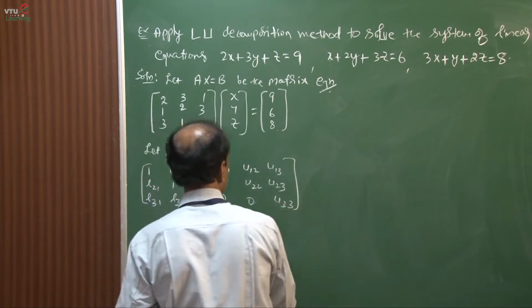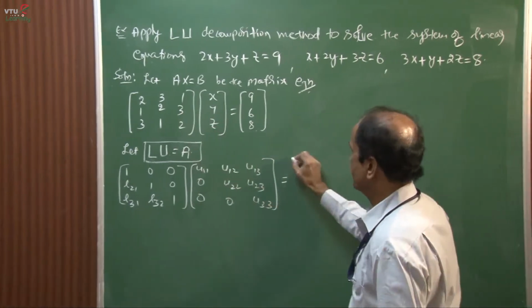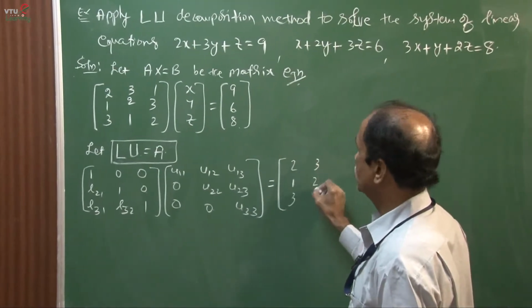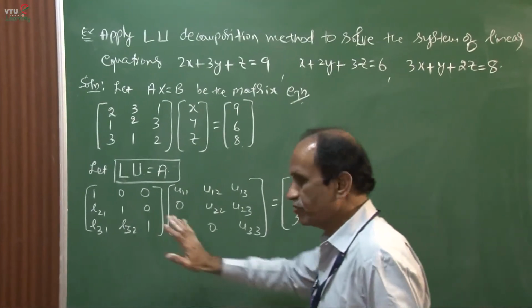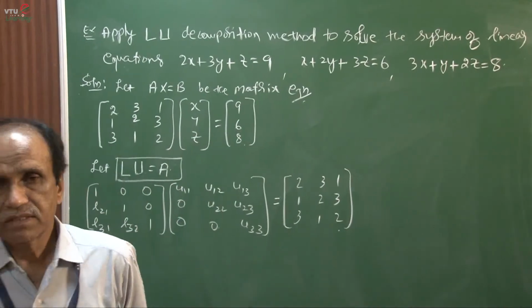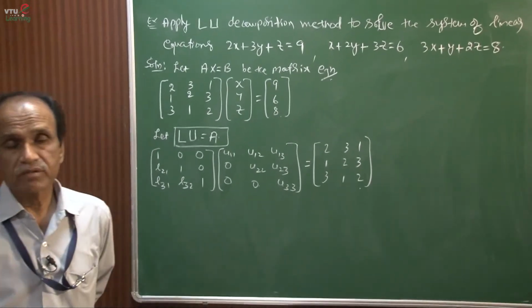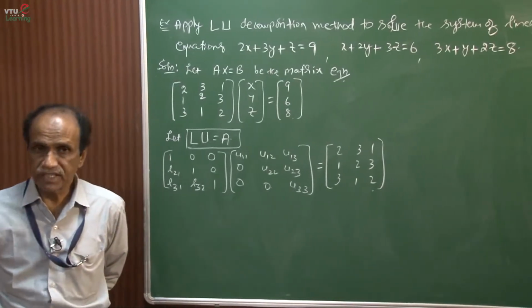This should be equated to A, these numbers, that is 2, 1, 3, 3, 2, 1, 1, 3, 2. This you perform 100% correct. If you make any mistakes, you do not get the solution properly, because those values of unknowns which you are going to calculate will not be satisfied.